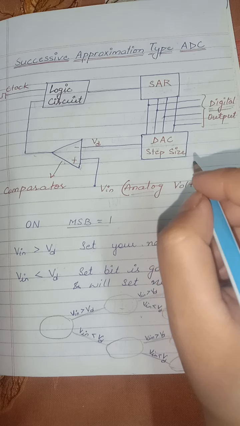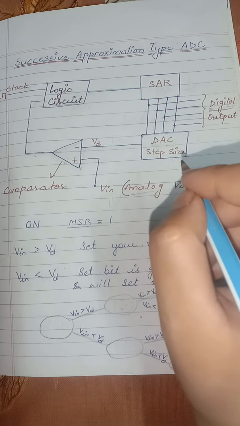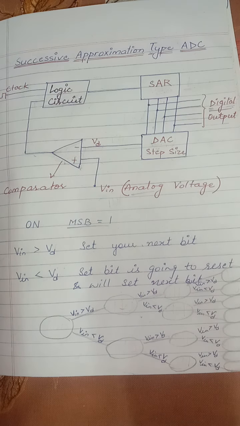In the counter type analog to digital converter that I explained in my previous lecture, we had a limitation, a disadvantage of the circuit was that it had a delay in the process.